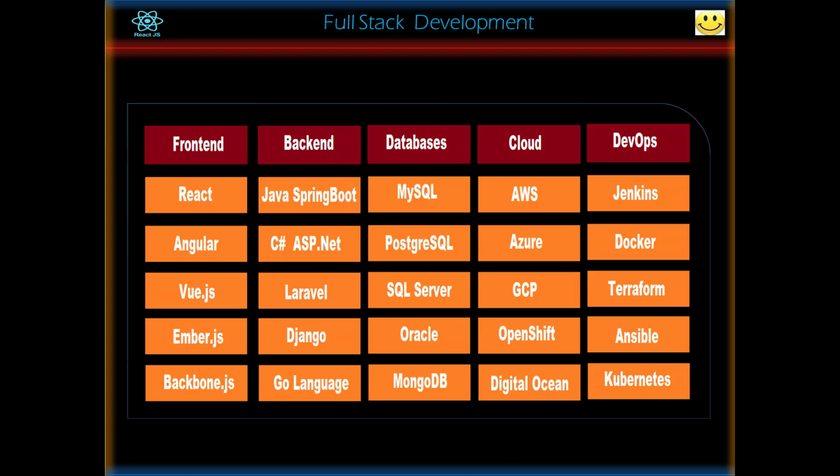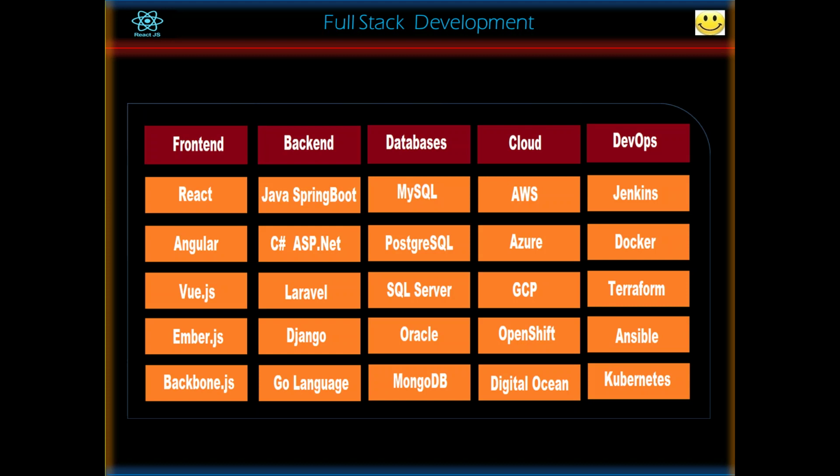Full-stack development. On front end, you can use various UI frameworks. They are React, Angular, Vue.js, Ember.js, or Backbone.js. On backend, you can use Java, Spring Boot, C#, ASP.NET, Laravel, Django, Go language, or any other backend technologies.